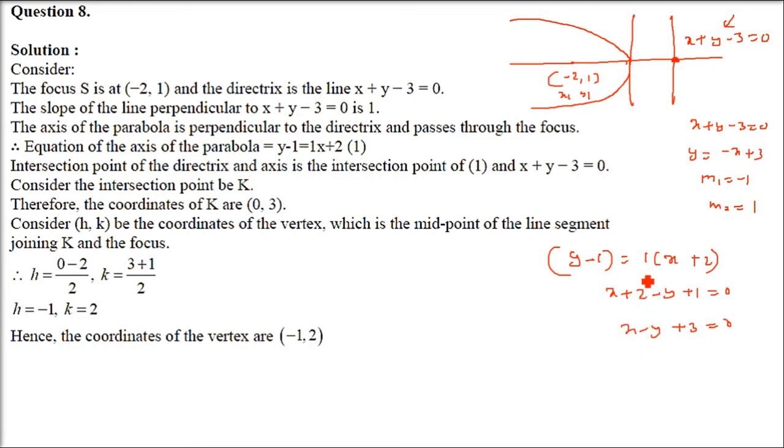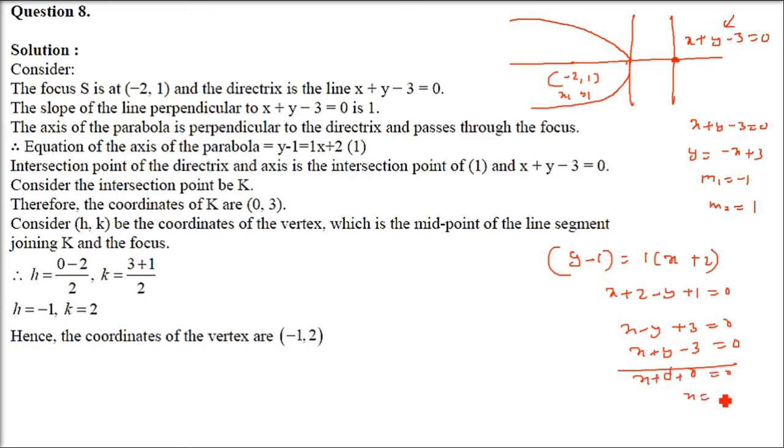This is the second equation. So this is the equation of the axis of symmetry, and we already know the equation of the directrix. So let us solve these two so that we can find the point where the directrix meets the axis of symmetry.